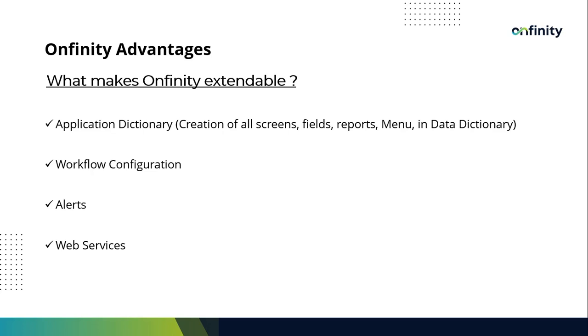They can create their workflows from the workflow composer. Alerts are also available in the system, which is configurable. There is no need to write code for that. We also have a comprehensive set of web services, with standard web services available in the Onfinity system in cases where users want to connect a third-party system to the Onfinity framework.